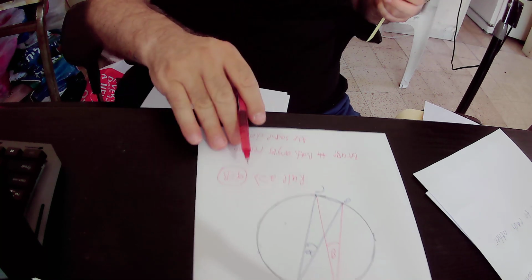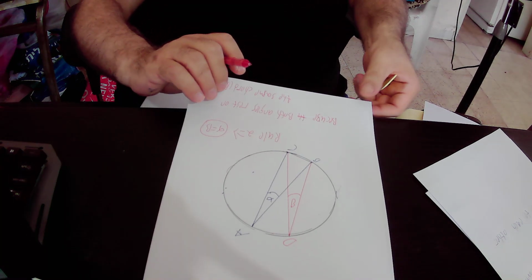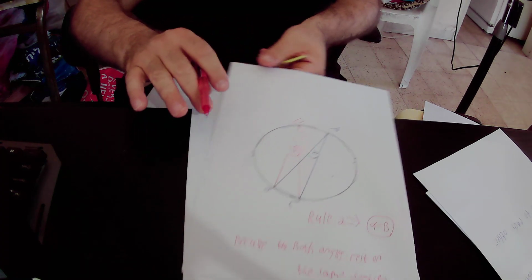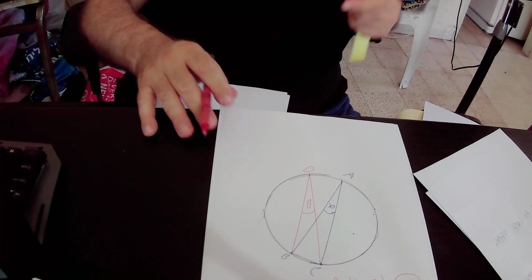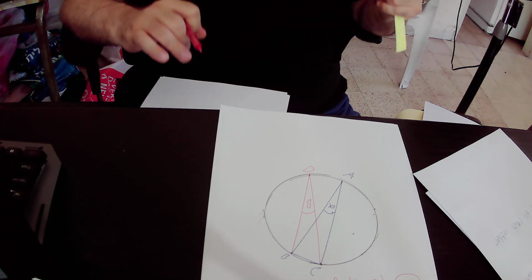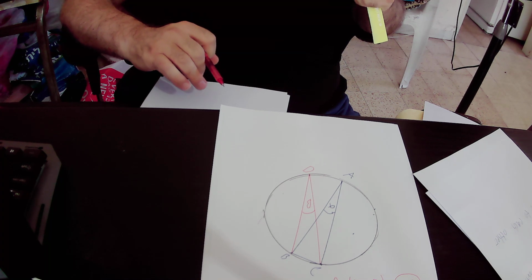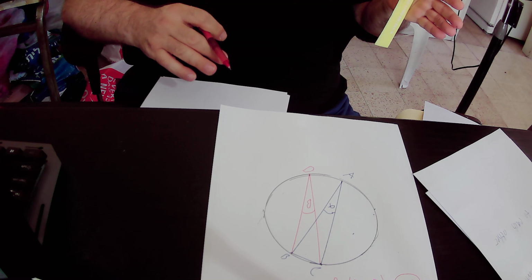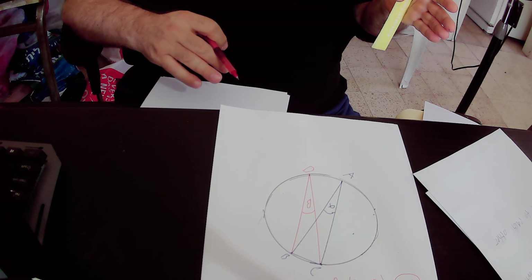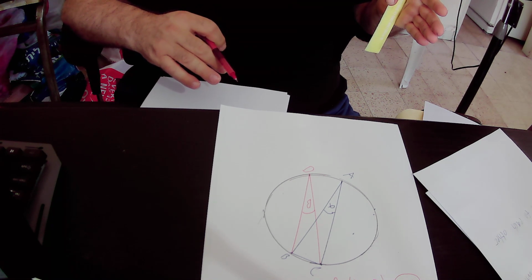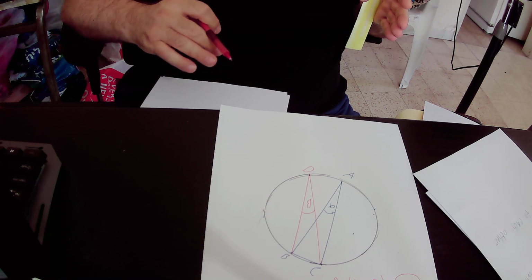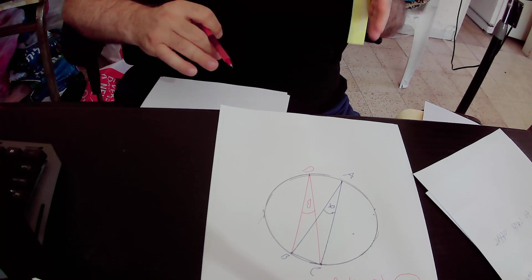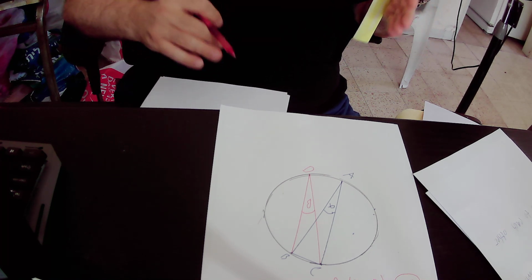So if you have two peripheral angles that rest on the same chord, they are equal to each other. And actually the same rule is correct, and we can say that if both angles rest on the same arc, they are also equal to each other.